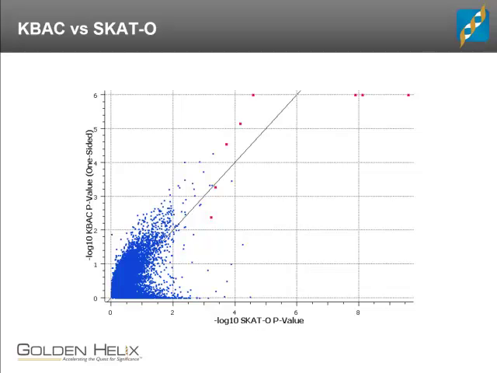If you compare KBAC against SKAT-O in the same way, first thing to keep in mind is KBAC is based on a permutation process. The way it was run here, 10 to the minus 6th is the most significant possible p-value, so we have 4 of them that are maxed out.